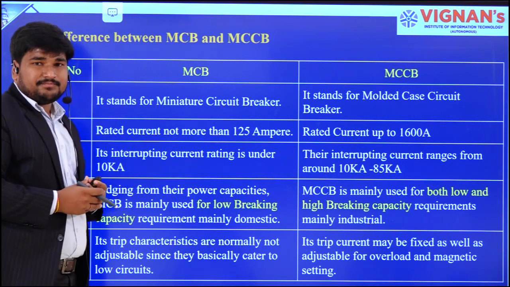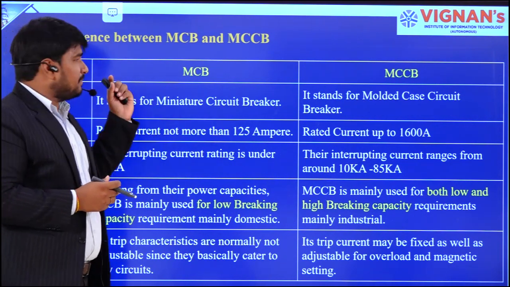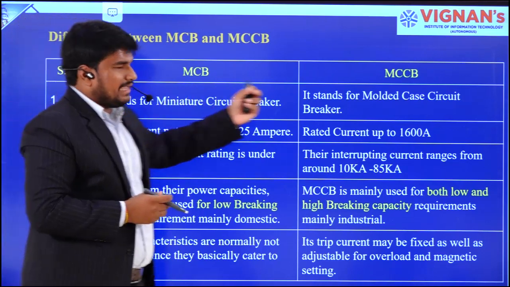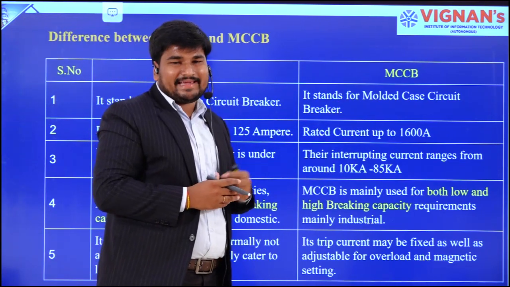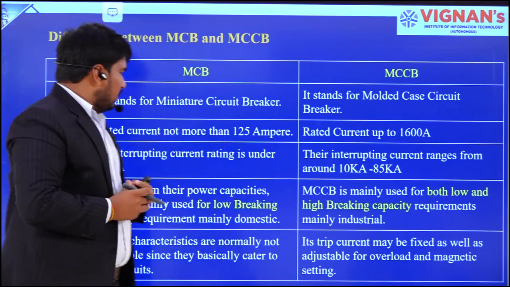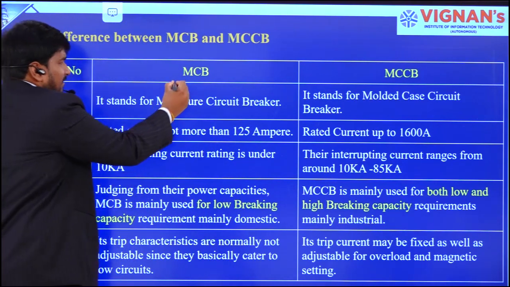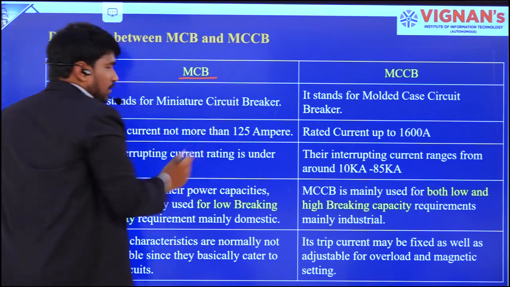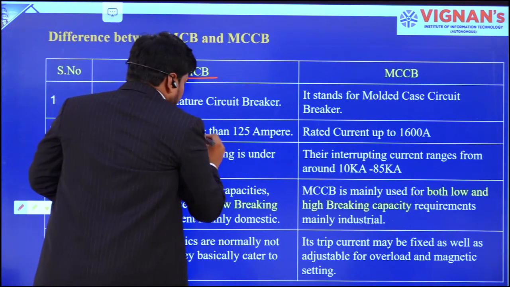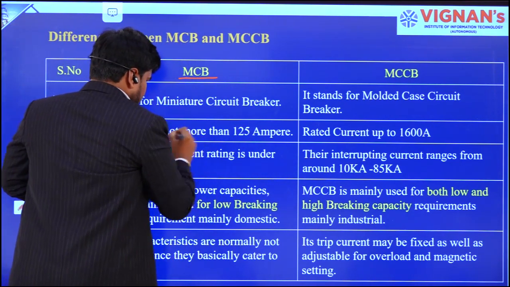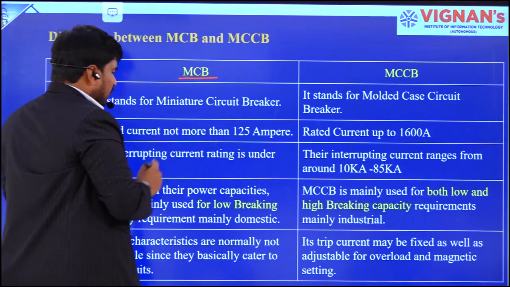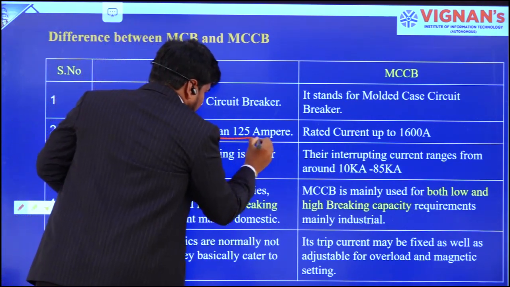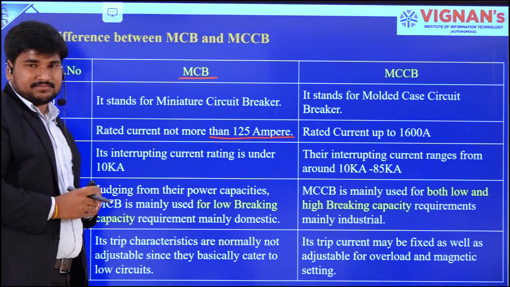Let us compare MCB, that is miniature circuit breaker, and MCCB, which is molded case circuit breaker. Right. So MCB will be useful for up to 125 amperes.